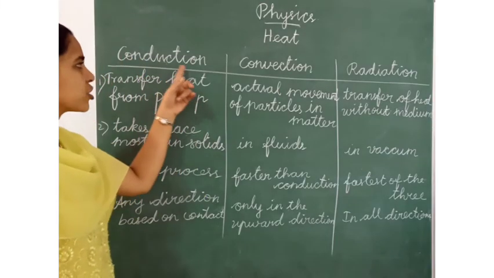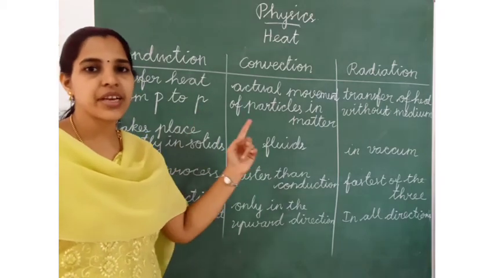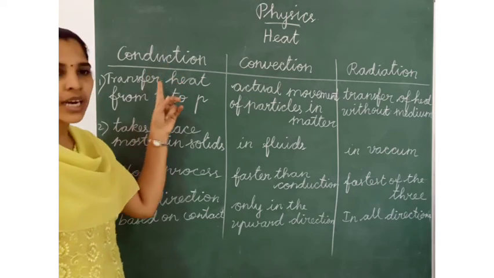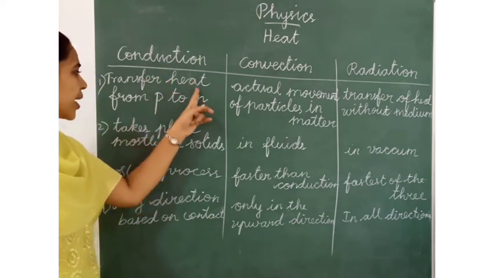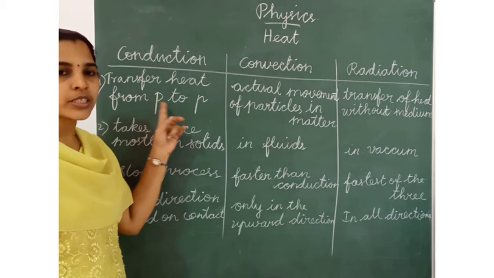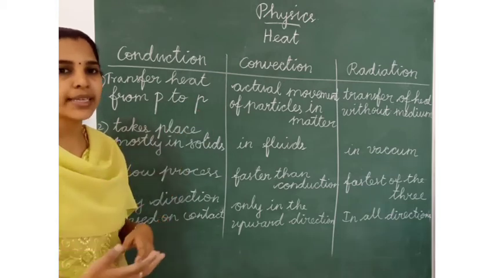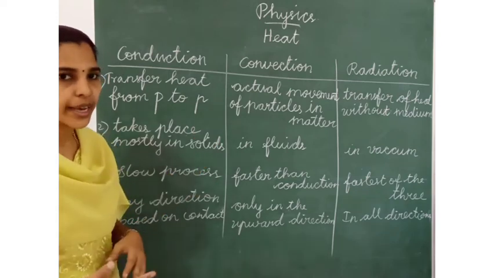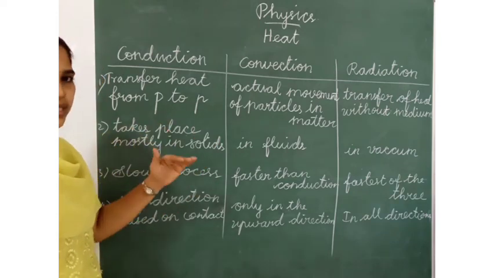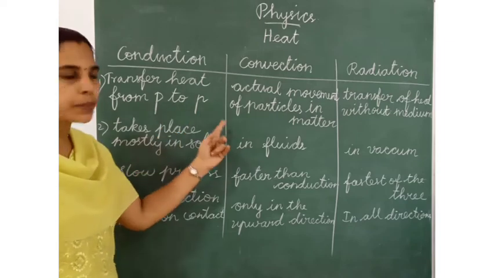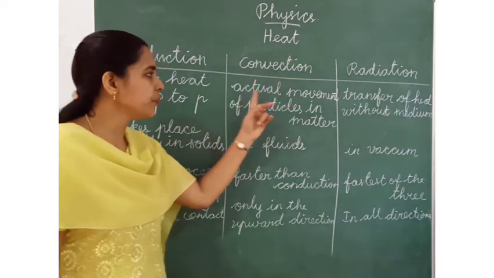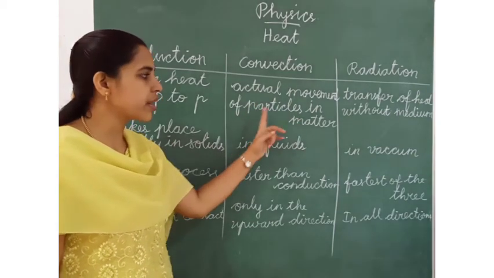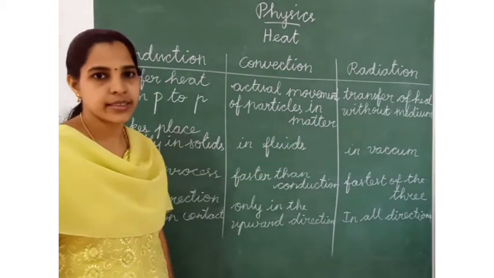This is the comparison of conduction, convection and radiation. First, in conduction, heat is transferred from particle to particle through the matter. In convection, heat is transferred by actual movement of particles in matter.